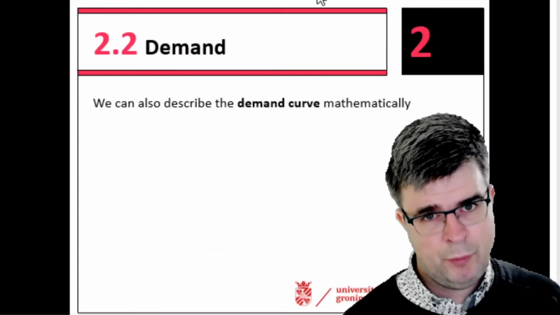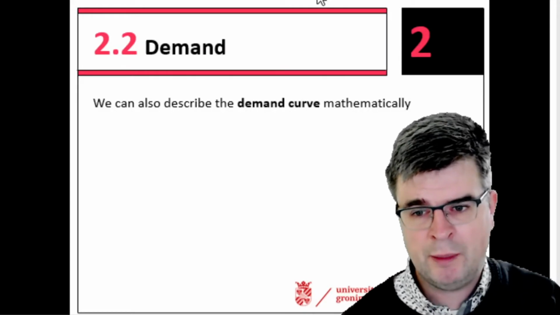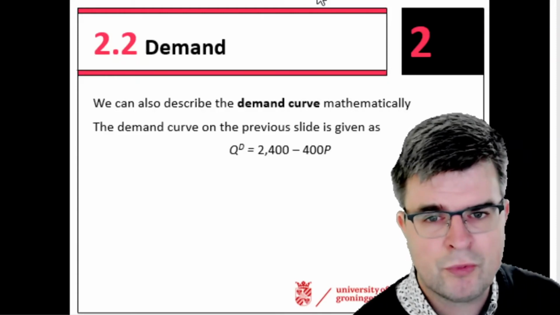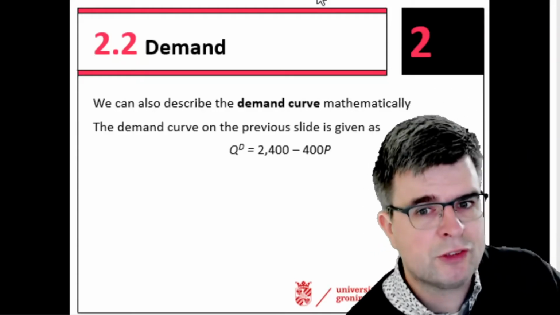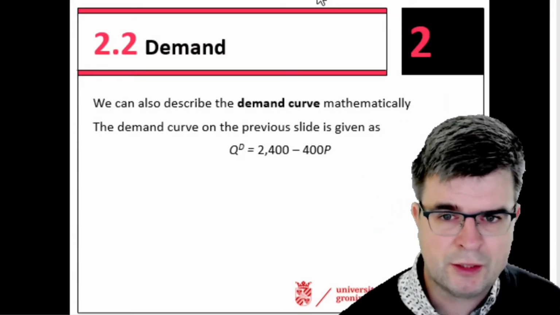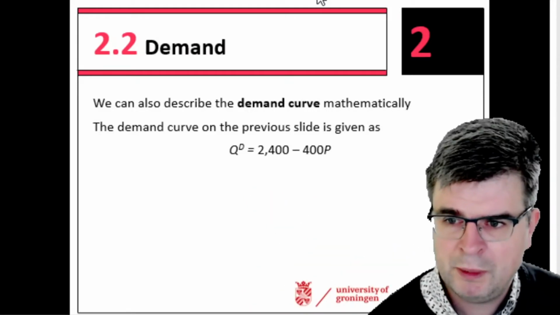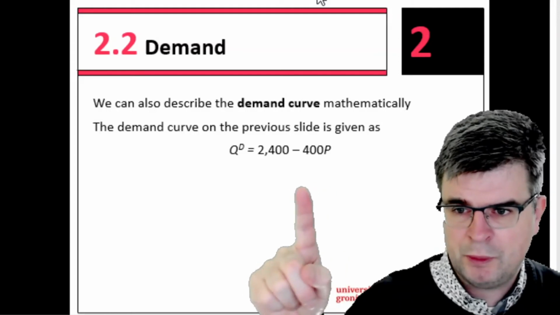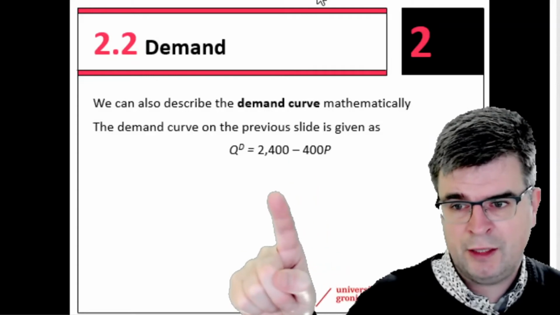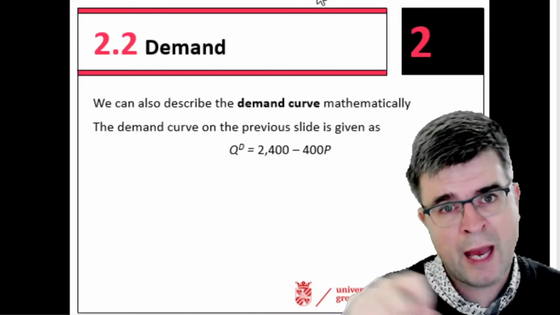Now, we described the demand curve graphically, but we can also do it in a mathematical form, and that works as follows. So the demand curve that was given graphically on the previous slide, mathematically the form is as follows. It's QD = 2400 - 400p, which means if the price is 0, so you plug in the price is 0 here, then this term vanishes and the total demand for oranges is 2400, the intersection with the x-axis.